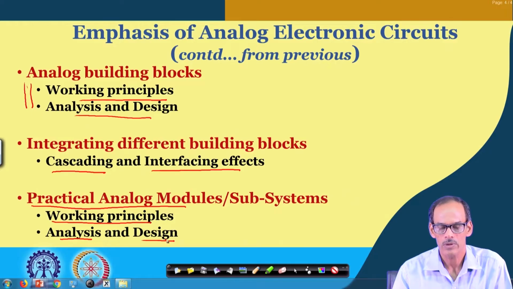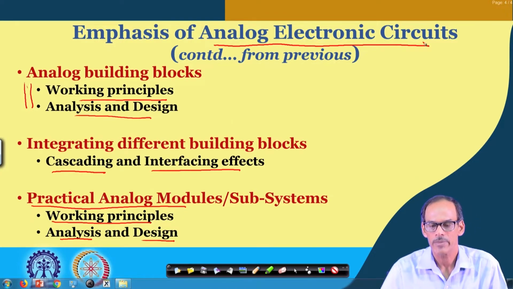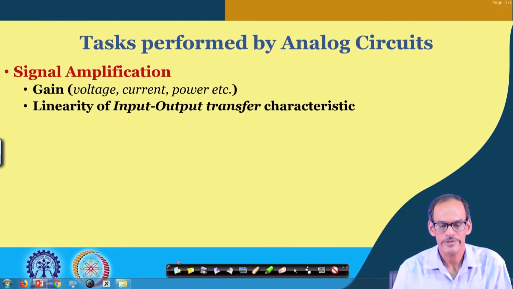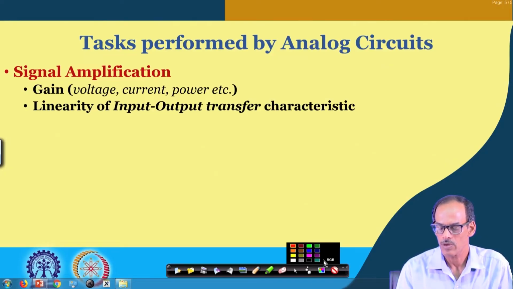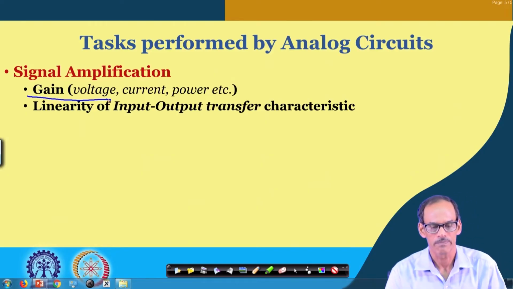And now, let us look into the basic performance done by a typical analog circuit. If I say what is the topmost objective performed by a typical analog circuit, it is basically that it amplifies a signal.